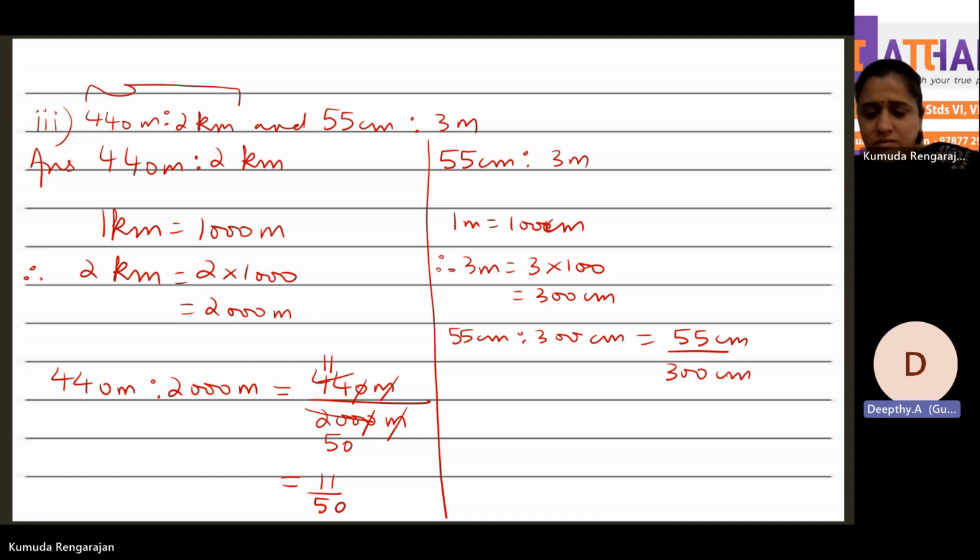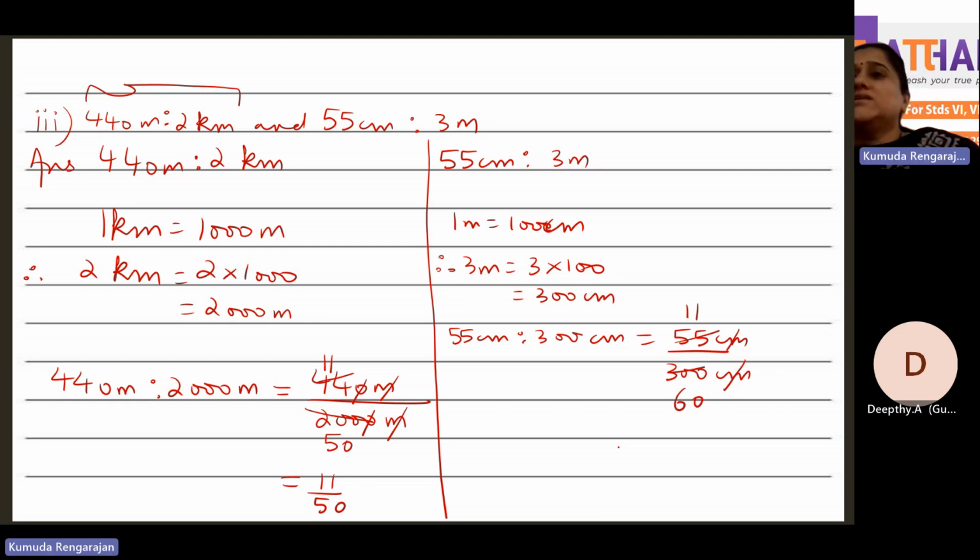Clearly 11 by 50 is not equal to 11 by 60. Thus, they are not in proportion. Very good. Did you all get that, children? 11 by 60, so it's not in proportion, correct?